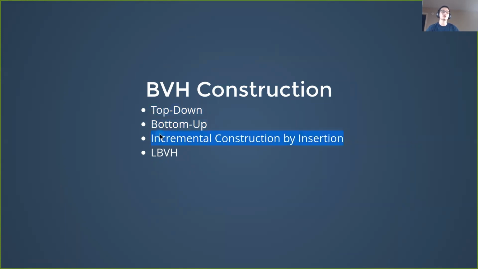Incremental construction by insertion just means that we have an empty BVH and then we insert primitives one by one. And finally there is the linear BVH approach, which I don't really understand that part of the paper, so unfortunately I will not talk about that.